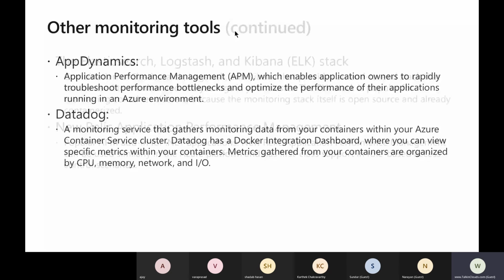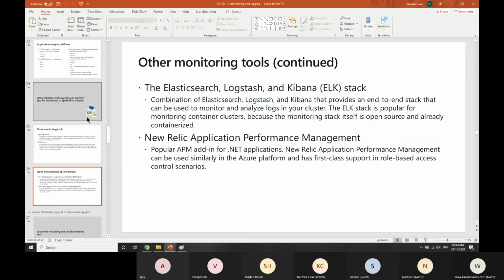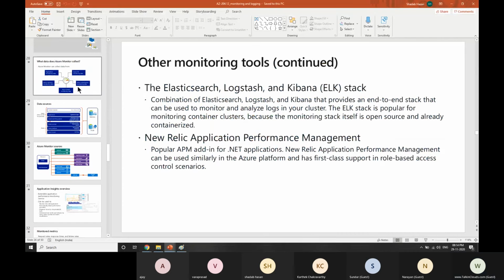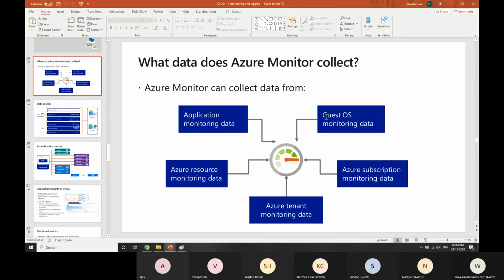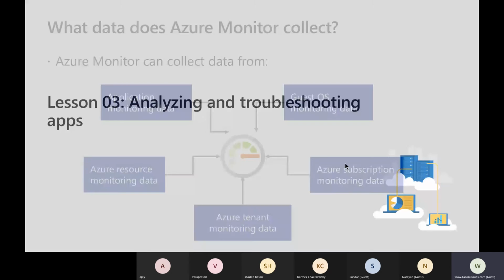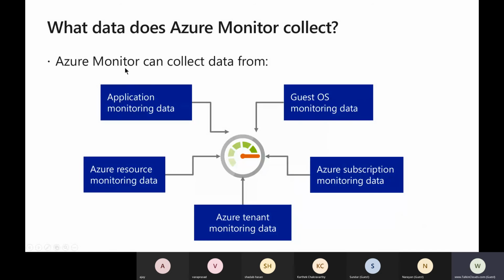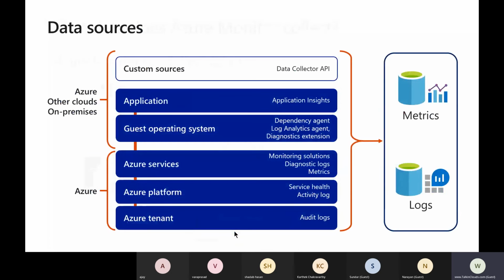There are other tools available here as well. How is this data collected by Azure Monitor? Azure Monitor can collect data from application monitoring, guest OS, application resources, subscription, and tenant. So Azure Monitor is capable of collecting data from the application from anywhere.